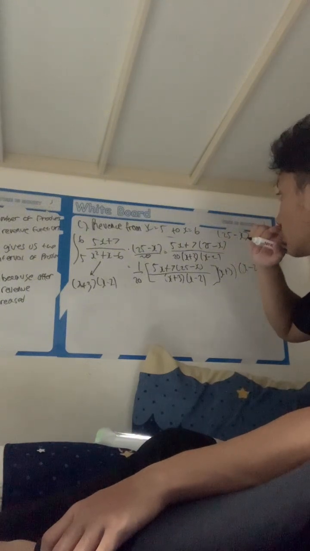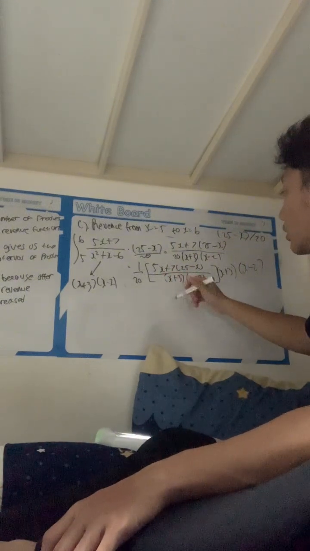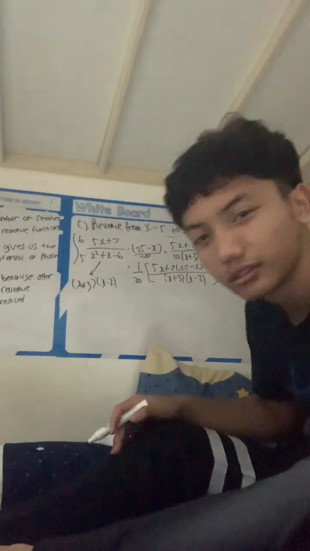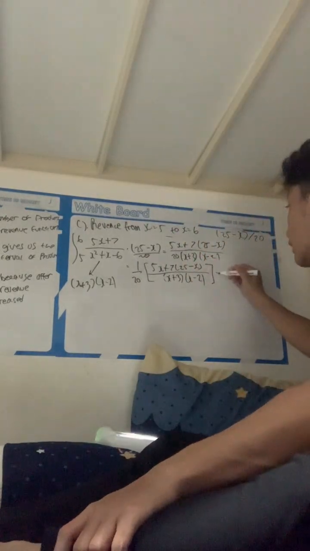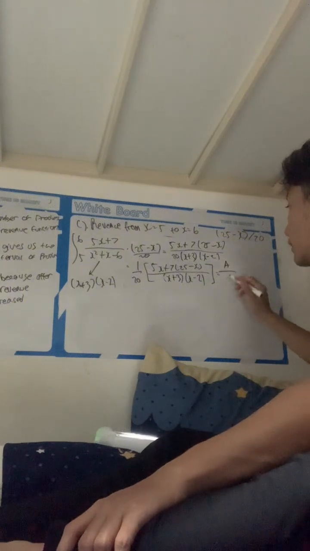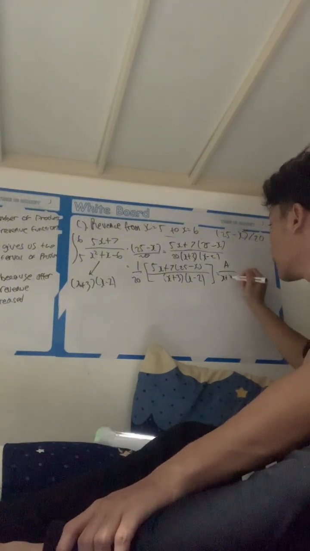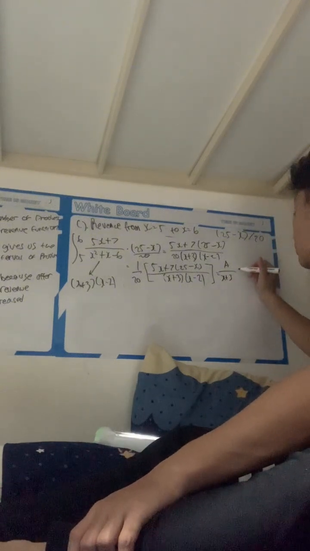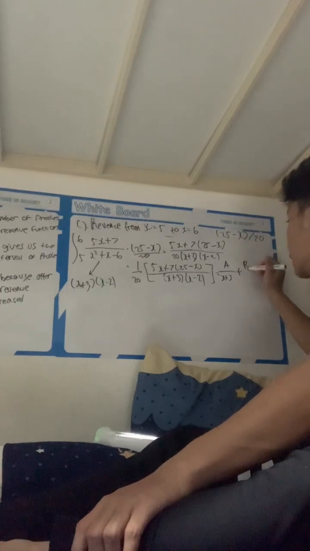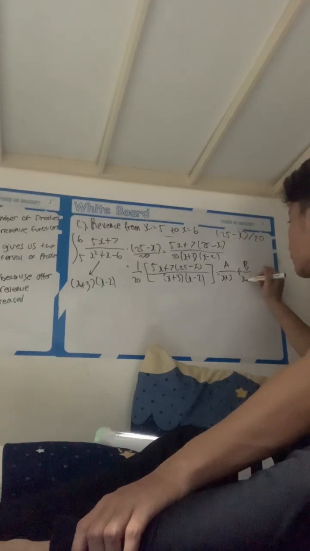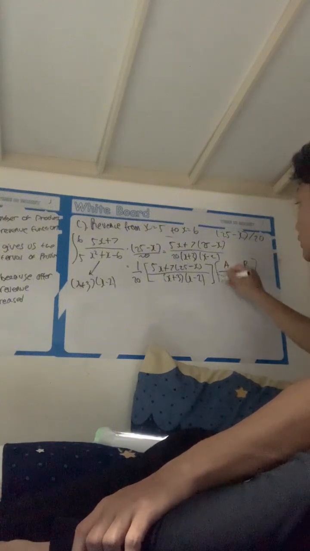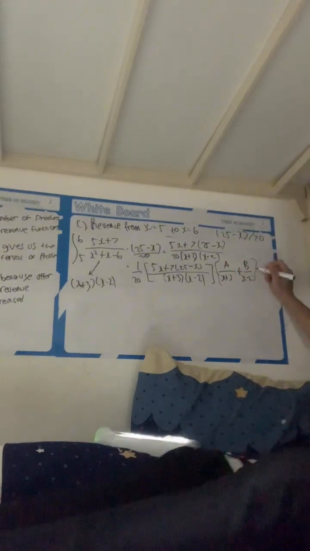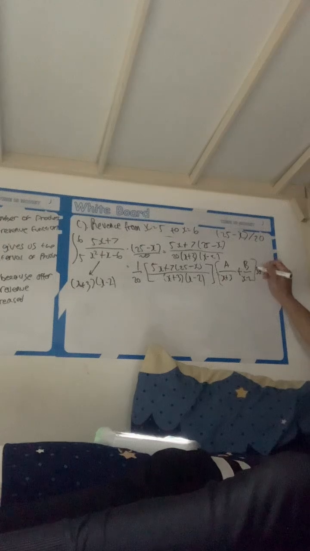So for the next step of this operation we're just gonna do a over x plus 3 plus b over x minus 2 here, and then this will times the quadratics.